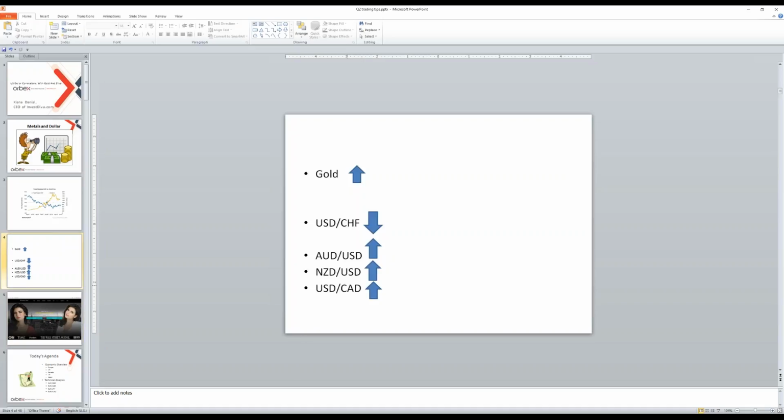And then we also had talked about, we're not going to talk about oil, but Canadian dollar has a very positive correlation with oil as well. Because Canada is one of the top oil producers in the world, exporting around 2 million barrels of oil a day, and so oil and gold both have an inverse relationship with the dollar CAD pair.